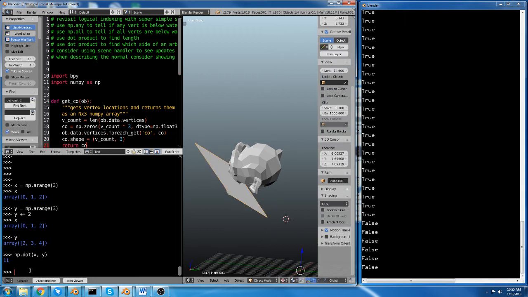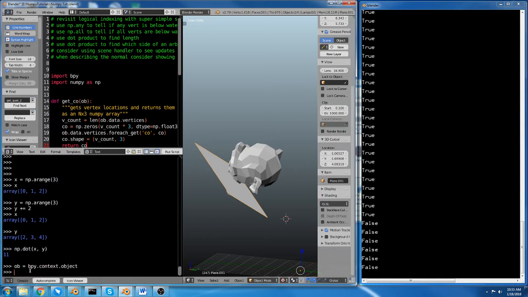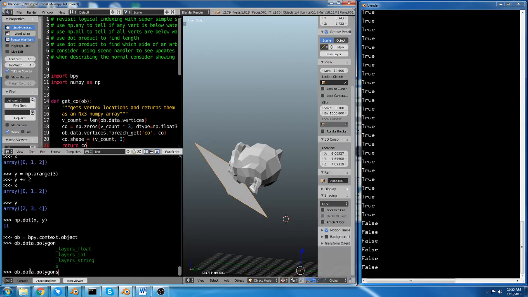I'm going to say ob equals bpy.context.object, and we want to get ob.data.polygons. There's only one polygon in this object, so we're going to say polygon 0, and then .normal.